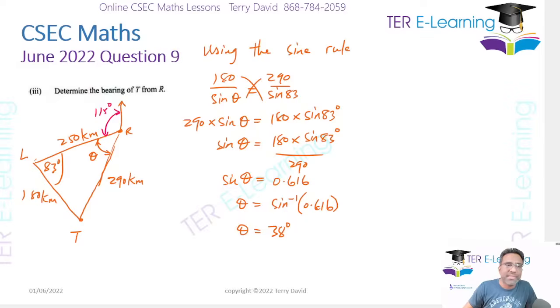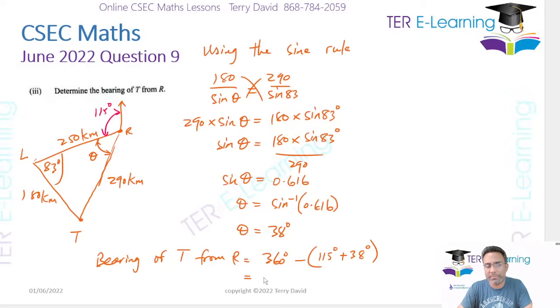So the bearing of T from R is simply going to be 360 degrees minus, we need to remove the 115 plus this 38 that we just found. And I'm getting 207 degrees, right? So I don't know if you all get anything like that.